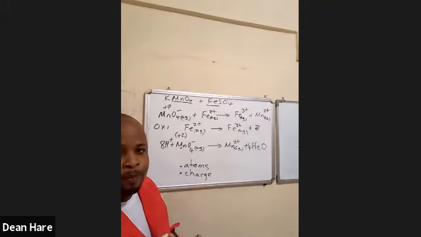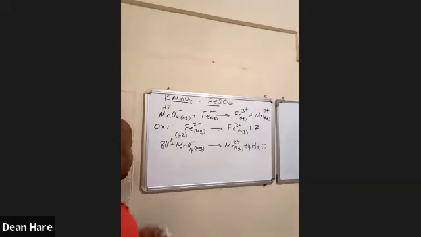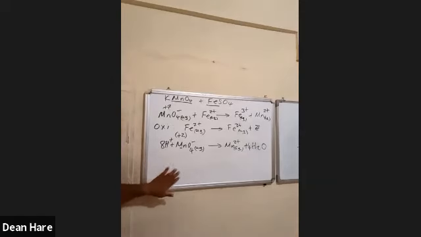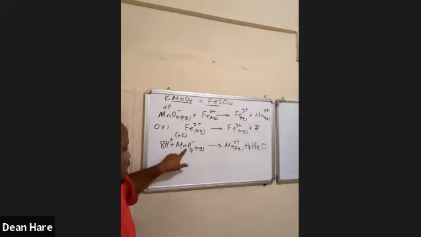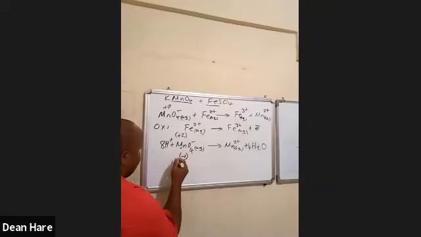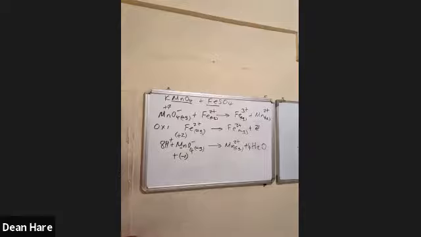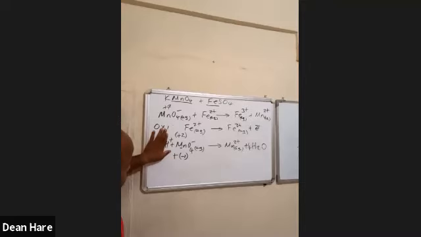Now we need to balance it in terms of charge. So the question is, what is the overall charge? All right, let us do it separately. What is the charge on the permanganate ion? -1. What is the charge on the hydrogen ion? +1, right?